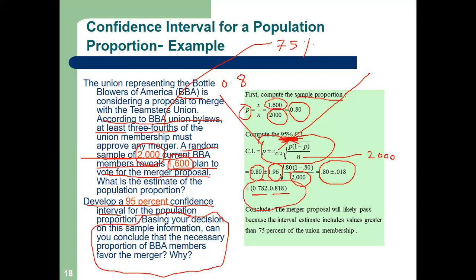These two are my confidence interval for the proportion. Is it clear? Any query?